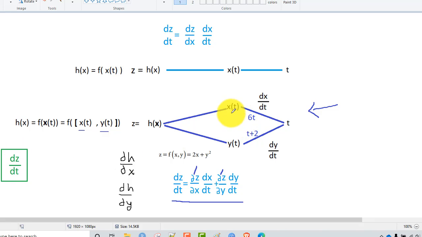Now, instead of calling it x and y in that case, it's probably more convenient to call them x1, x2, x3, and let's suppose it goes all the way out to xn. And then what would the chain rule look like for that?